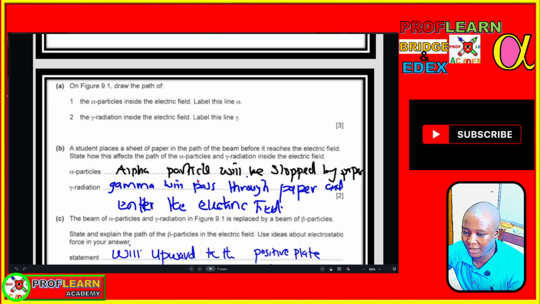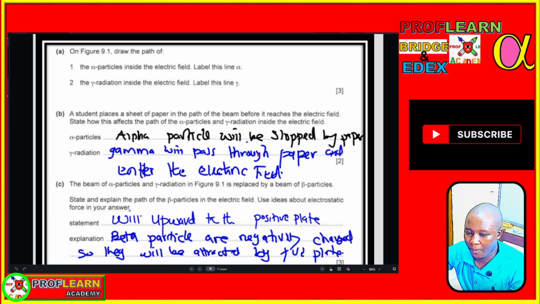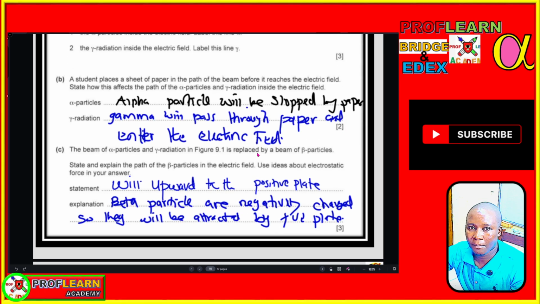A student places a sheet of paper in the path of the beam. What will happen to the alpha particles? They are going to be stopped by paper because alpha particles cannot penetrate paper. Gamma radiation is going to pass undeviated through the paper.